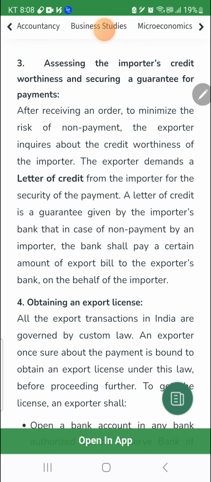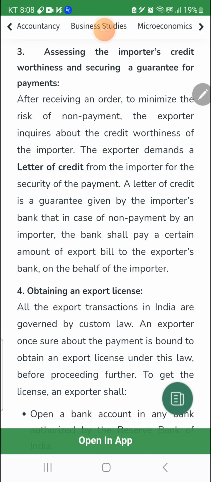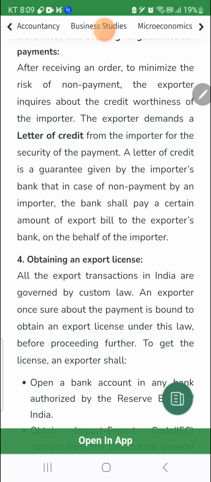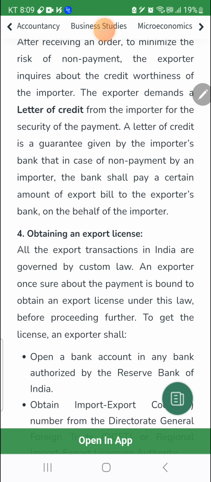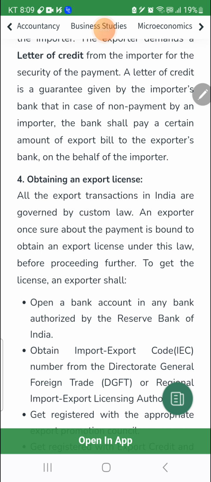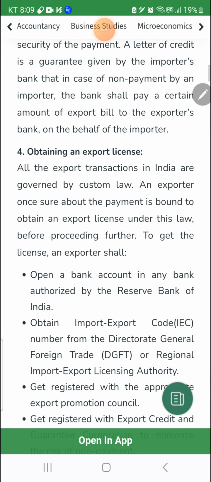A letter of credit is a guarantee given by the importer's bank that, in case of non-payment by an importer, the bank shall pay a certain amount of the export bill to the exporter's bank on behalf of the importer.